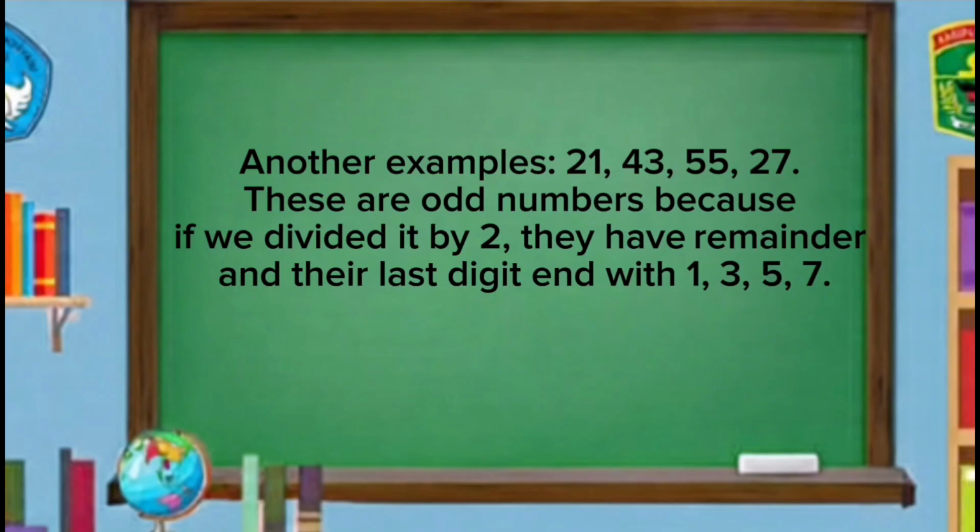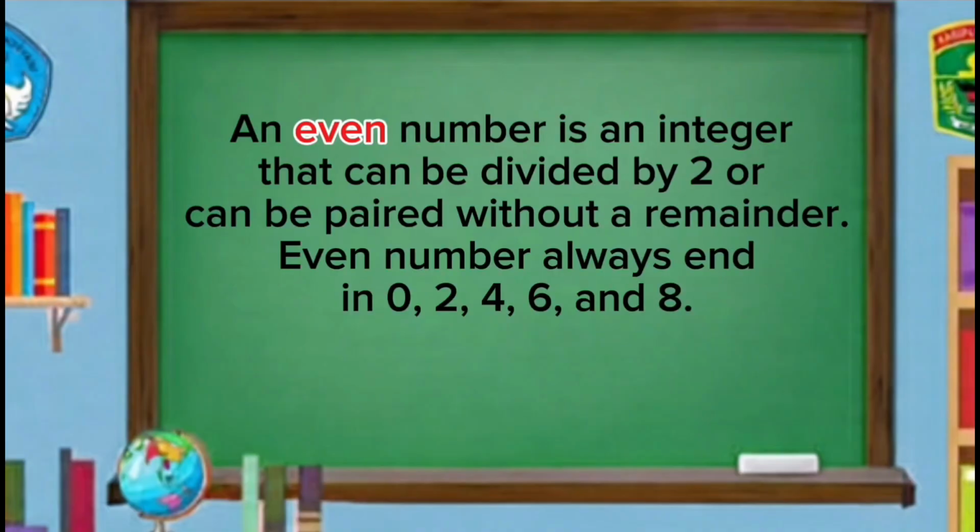These are odd numbers because if we divide them by 2, they have a remainder and their last digit ends with 1, 3, and 7. An even number is an integer that can be divided by 2 or can be paired without a remainder.